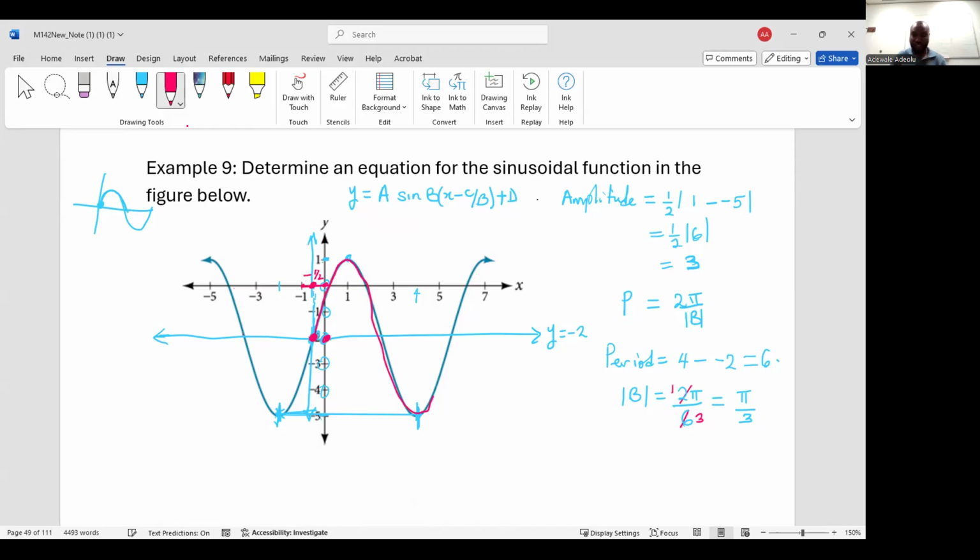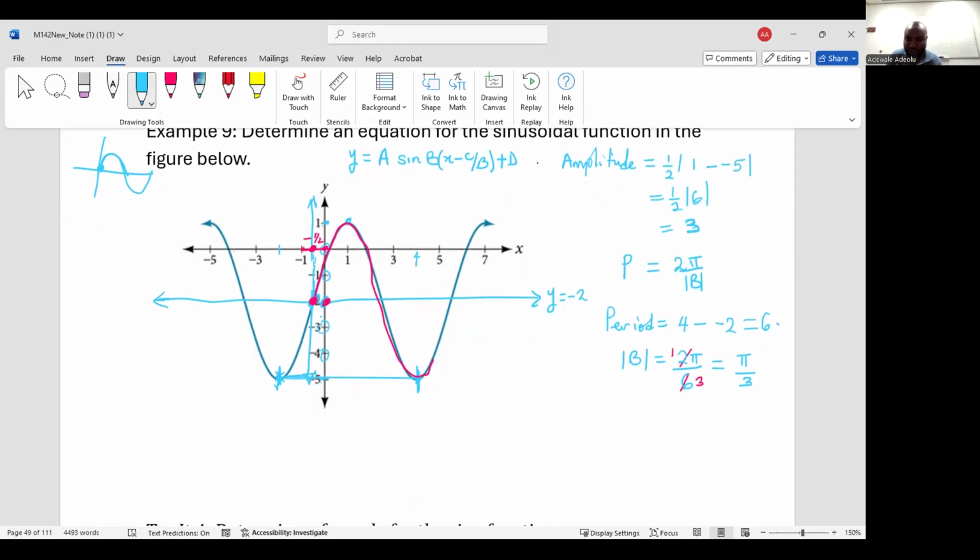Now, we have our phase shift to the left. So that means our phase shift is what? I claim it is -1/2. Again, let's be careful. Are we picking x values? Yes.